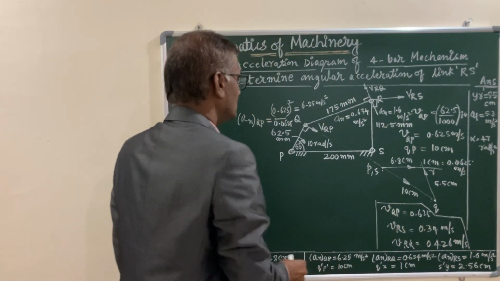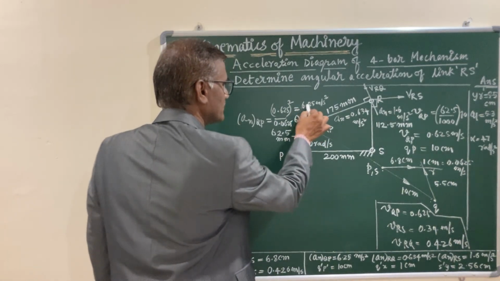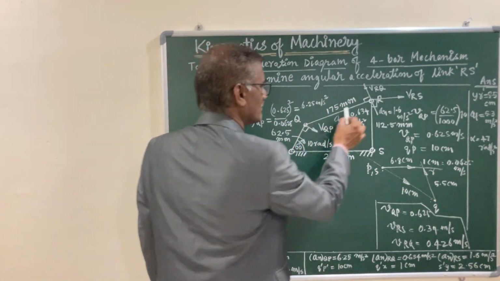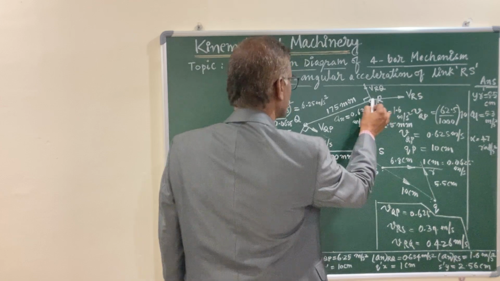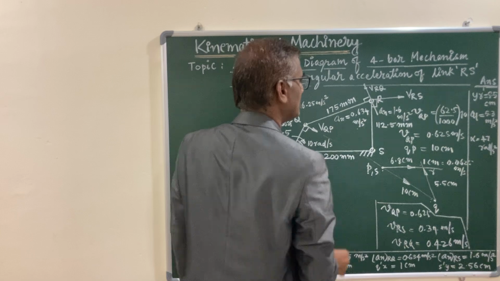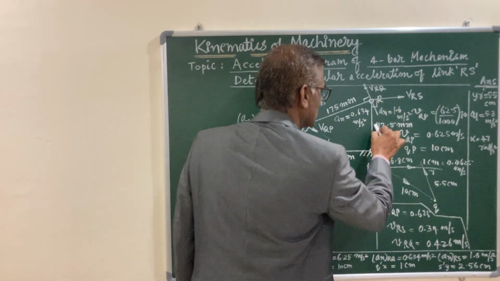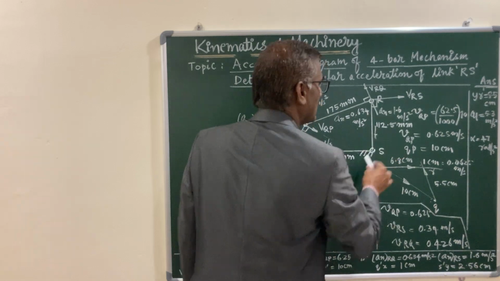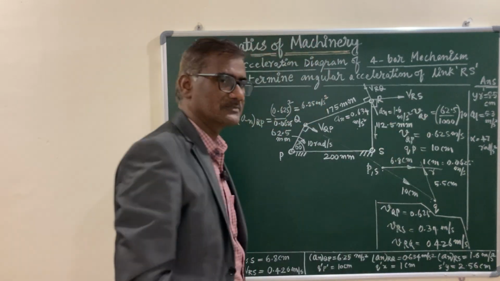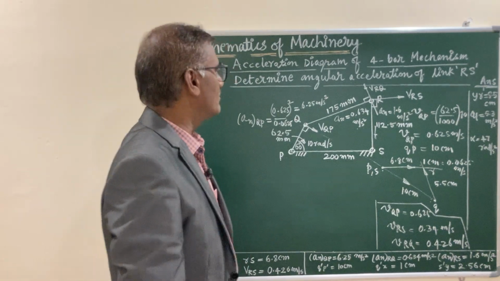Now you know the normal component of acceleration of q with respect to p, magnitude 6.25, and the normal component of r with respect to q, 0.634 meters per second square, as well as the normal component of r with respect to s, the direction is toward this and the magnitude is 1.6 meters per second square. Now you know all the values of the normal component of acceleration.